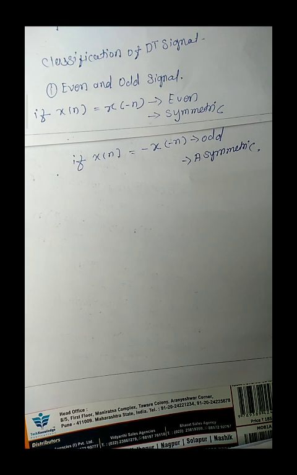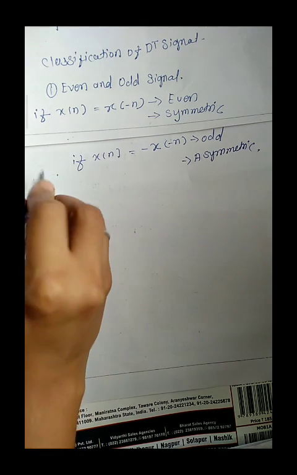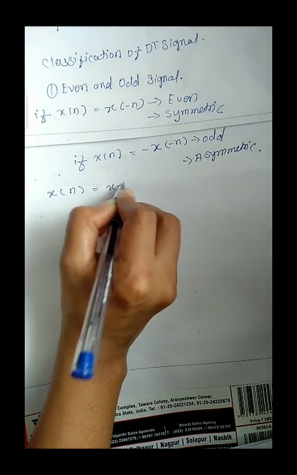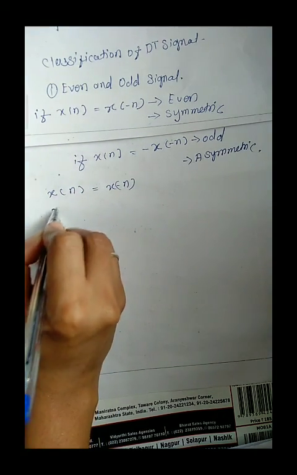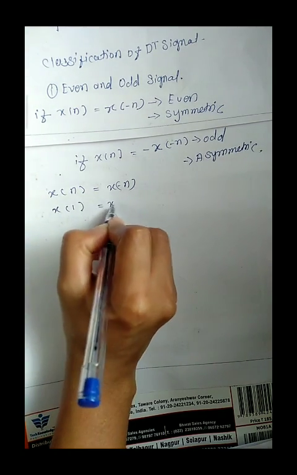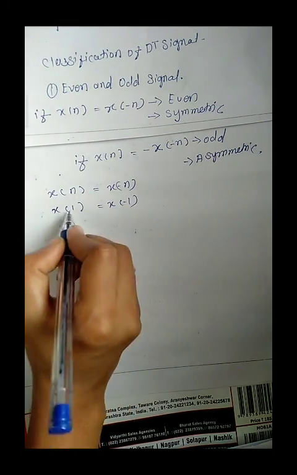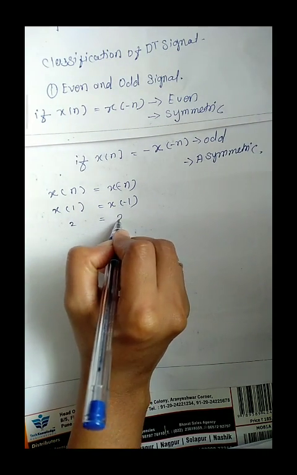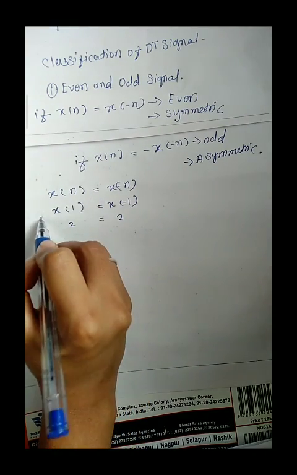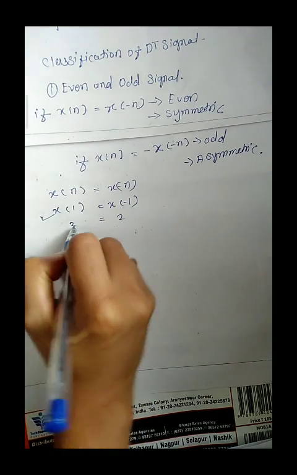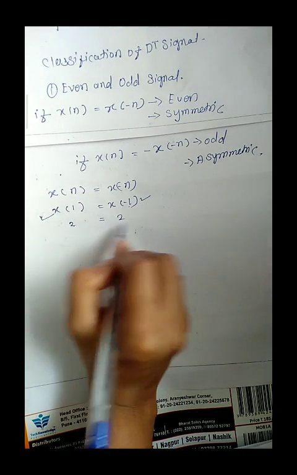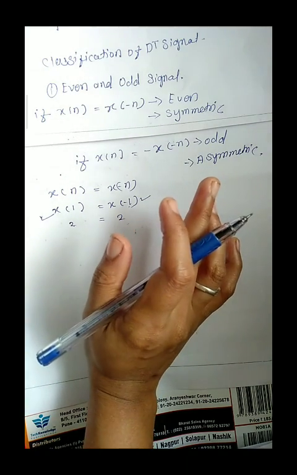If n is 1, then x of 1 is equal to x of minus 1. If x of 1 is 2, then x of minus 1 is also 2, so we can call this a symmetric function.